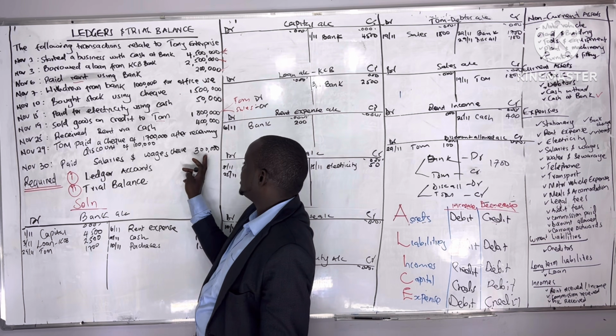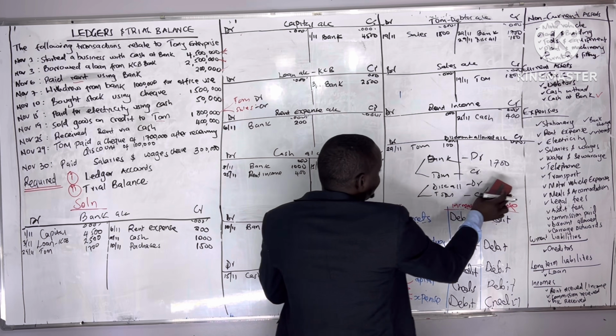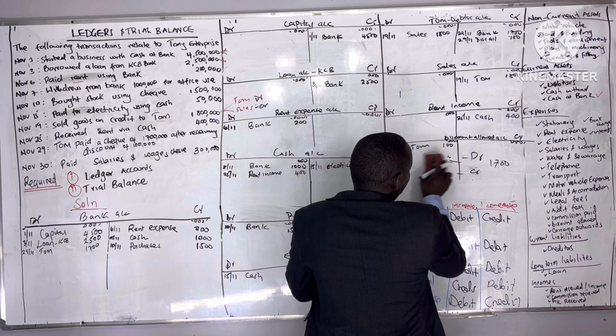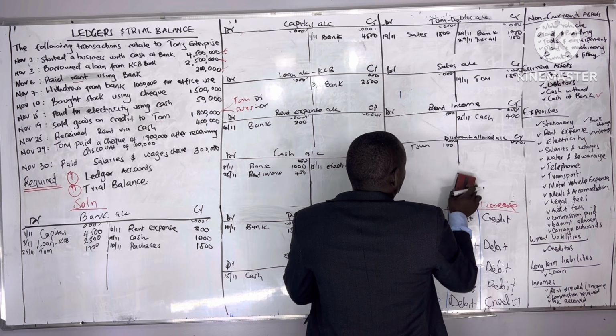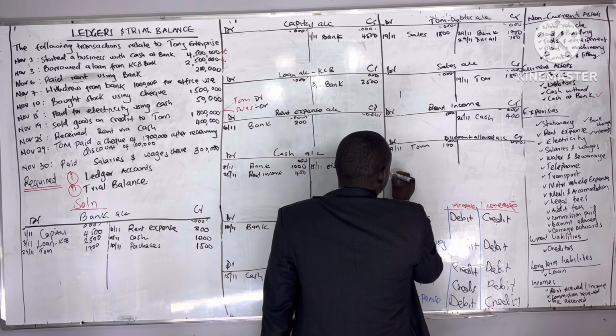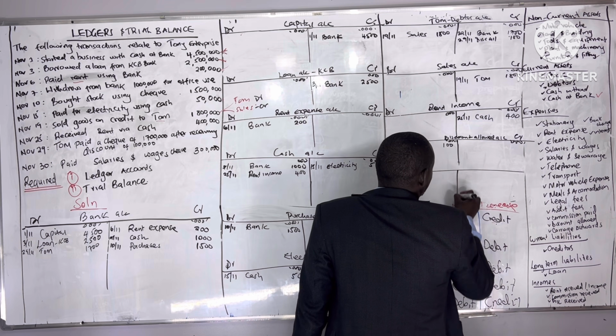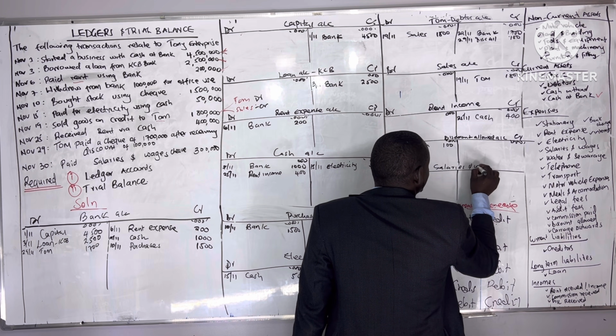Paid salaries and wages using check, 300,000. Salaries and wages are expenses, so we debit salaries and wages just the way we have done with other expenses.